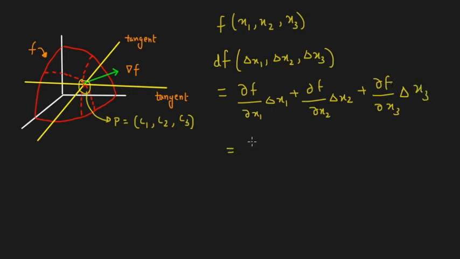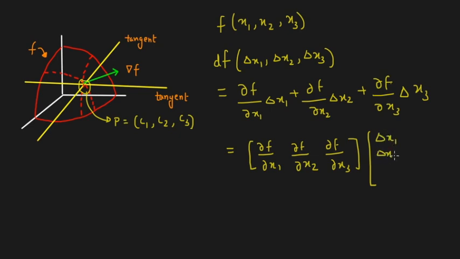This sum can also be represented as a vector multiplication or a dot product. So partial f by partial x1, partial f by partial x2, and partial f by partial x3 multiplied right here by a column vector which contains delta x1, delta x2 and delta x3.